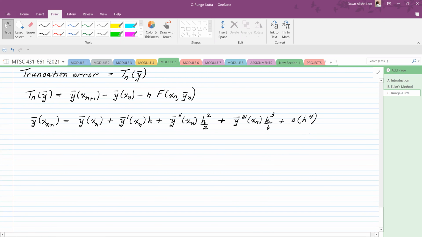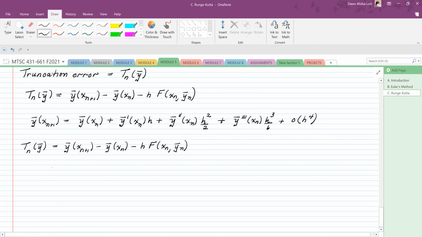So now I get Tn of y bar is equal to y bar of xn plus 1 minus y bar of xn minus h times f of xn y bar of xn, y bar n.